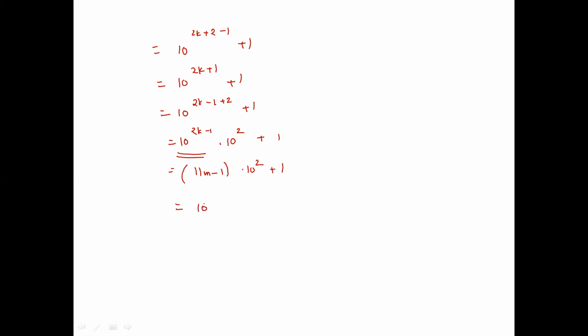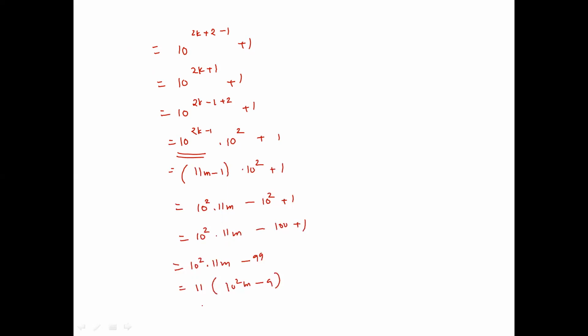So when I distribute, 10 square is multiplied to 11m minus 10 square, plus 1. So 10 square into 11m minus 100 plus 1. That means 10 square into 11m minus 99. I can take 11 common. So you will have 11 times (10 square m minus 9) when I pull out 11.